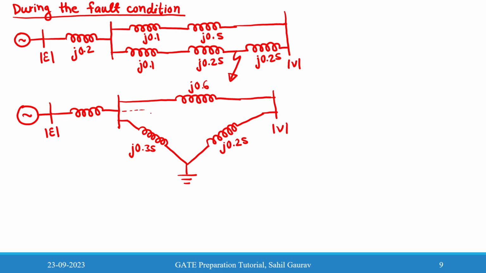How will a star connection look like? Take it as jx1, jx2 and jx3.